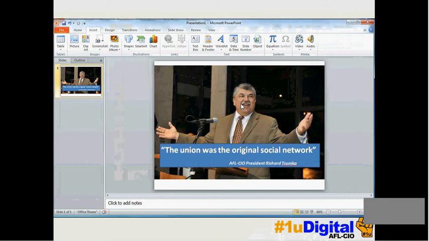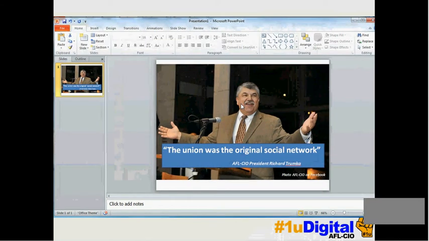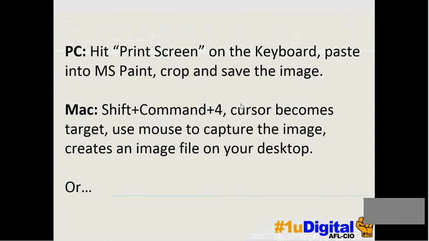And then I open something like MS Paint, which is a free program that comes on every PC, paste it in there, and crop it so I get the rest of the PowerPoint stuff out of the way. Then I can save the image as a file and upload it to Facebook.